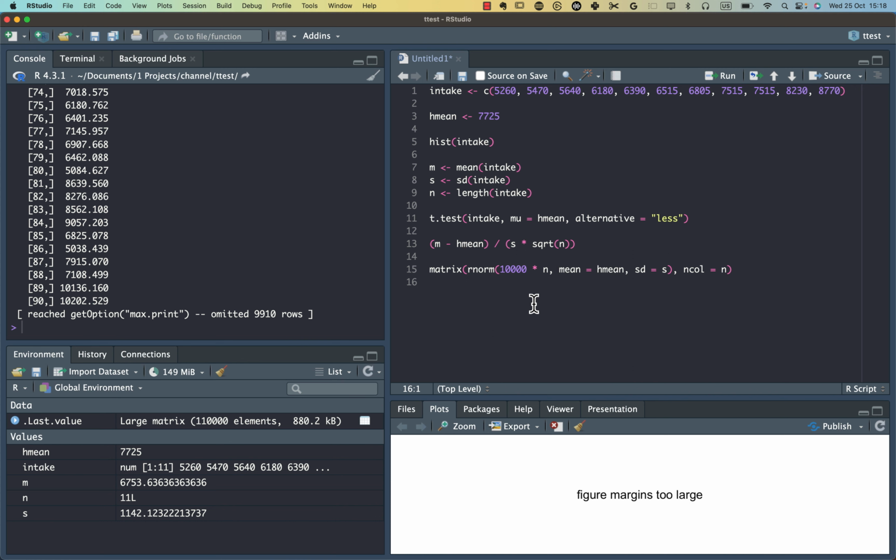But I think it's better to do it a slightly different way, and I'm going to show you how. So let's first think a little bit. What do we want to do for each row, really?